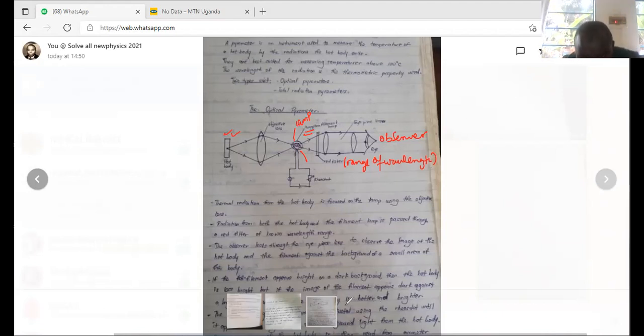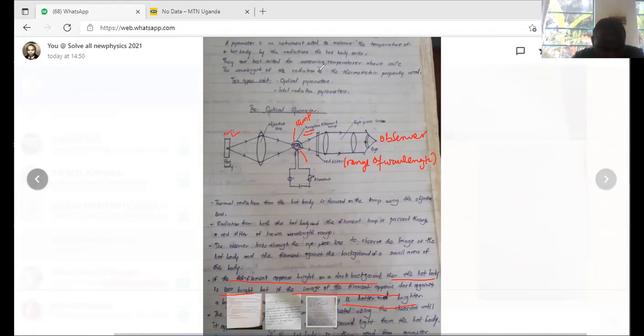So that is what that statement here says. We are saying if the filament appears bright on a dark background, then the hot body is less bright. But if the image of the filament appears dark against a bright background, then the hot body is hotter and brighter. So it means the hot body now is bright and hot, this lamp, of course.